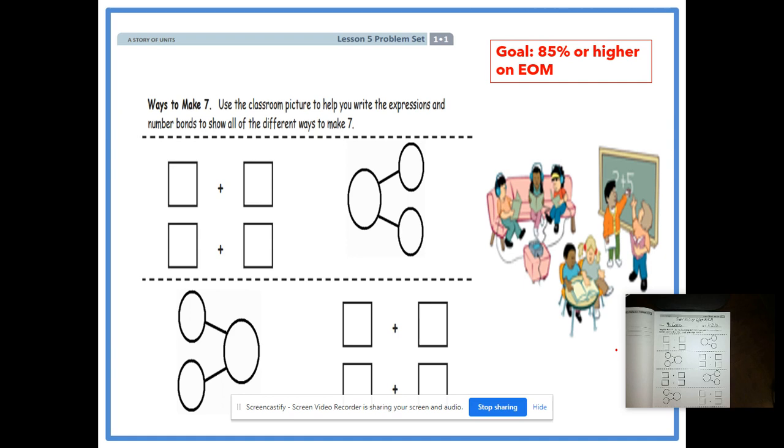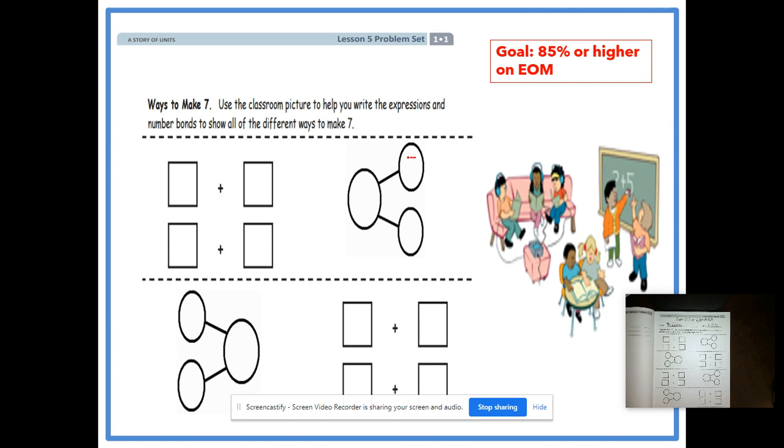How many students are sitting? Think about it while you're looking at the picture, and I'm going to repeat the question. How many students are sitting? Get ready? Yes, 5. If you see 1, 2, 3, 4, 5 students are sitting.